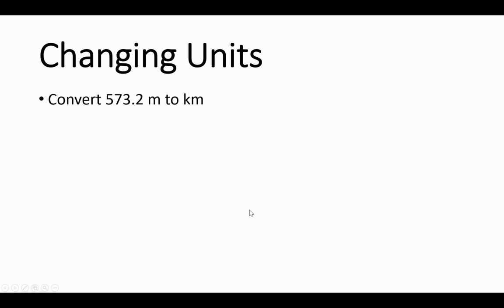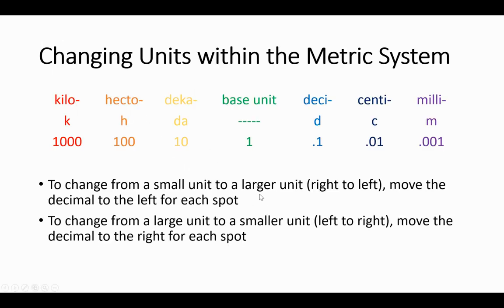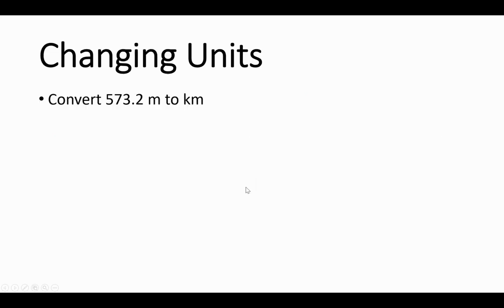As we talk about changing units, here are some examples. Converting 573.2 meters to kilometers. So we're going from smaller to larger. So what are we going to do? We should move the decimal 3 spots to the left. Small to large, 3 spots to the left. 1, 2, 3.